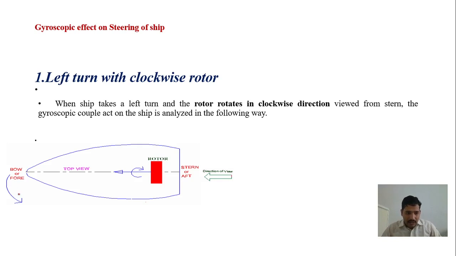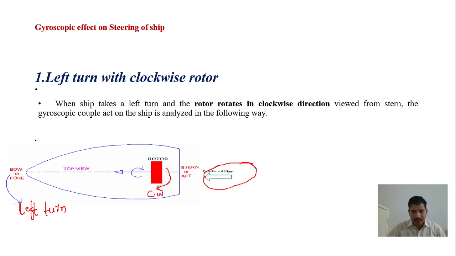The ship is taking the left turn. If you observe from the stern, and the rotor is rotating in clockwise direction, then what happens?